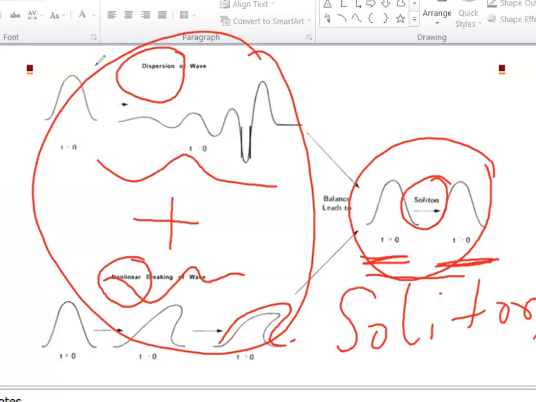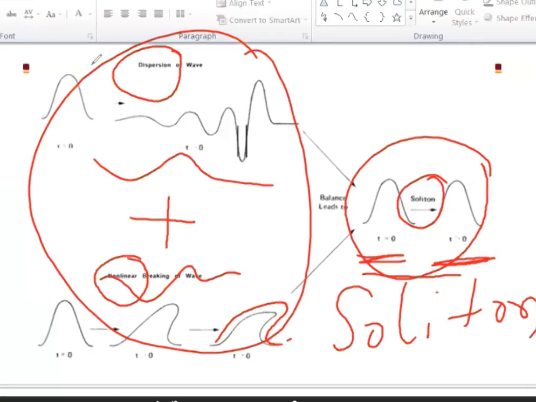Clear? Yes, sir. Okay. So if a system has dispersion and nonlinearity, the combined effect will be a type of solution where the waveform, whatever pulse you are considering, keeps on going in x and t, but it will not change its shape, size and velocity.